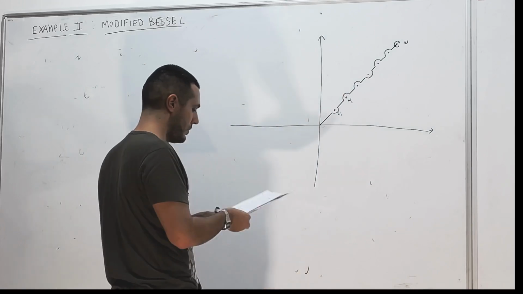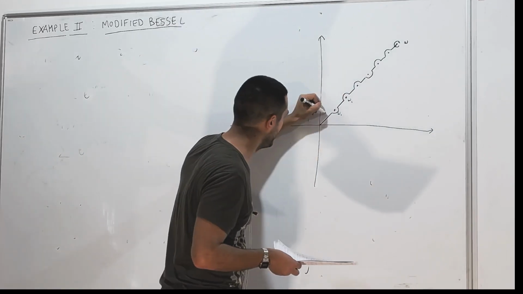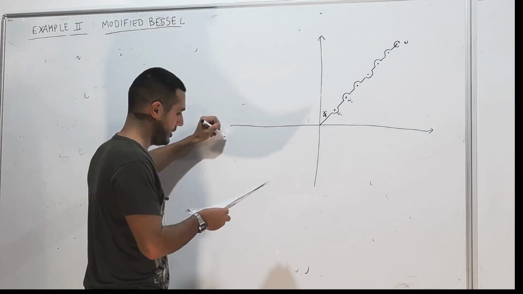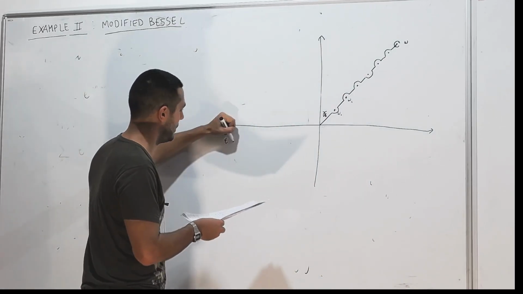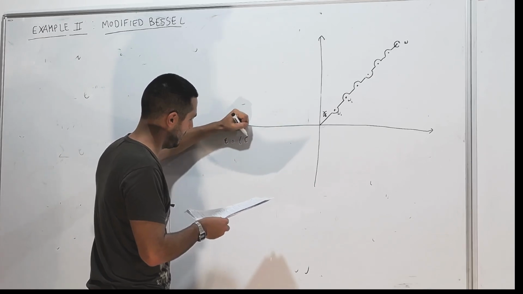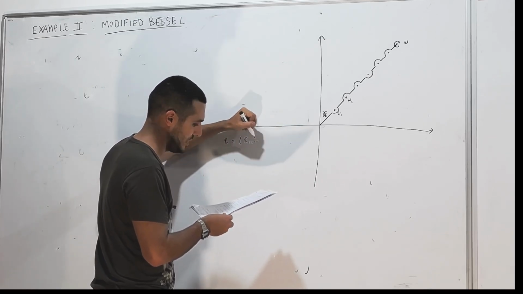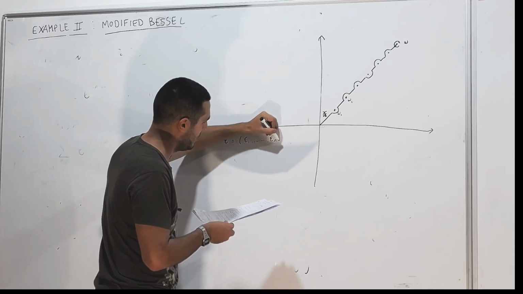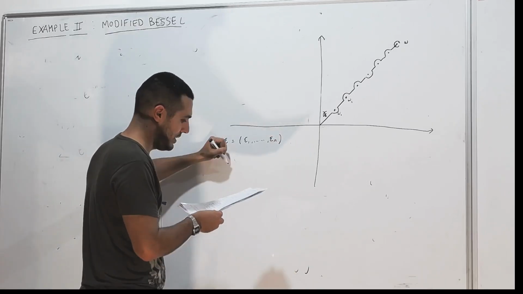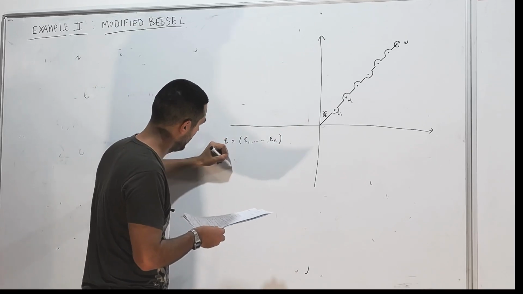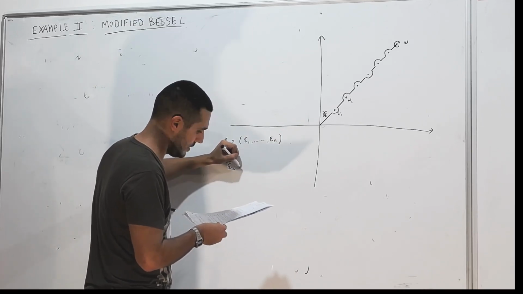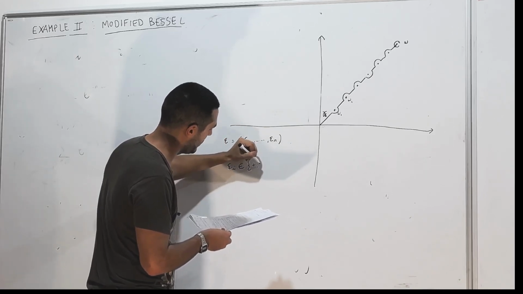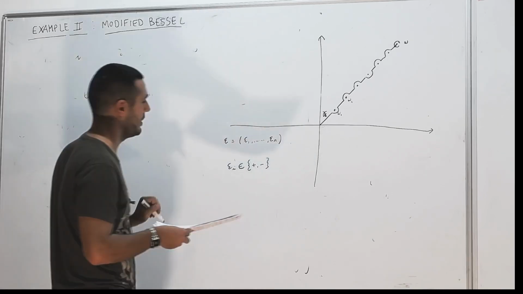Now, this means that a path like this, which I call gamma epsilon, I can label it essentially by this epsilon, which is a set of choices, epsilon 1 through epsilon r, where the epsilon i's take values in plus or minus.